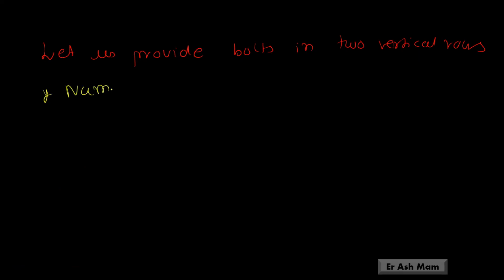Next, let's find number of bolts. Okay, let us provide bolts in two vertical rows. Therefore, number of bolts in one row.